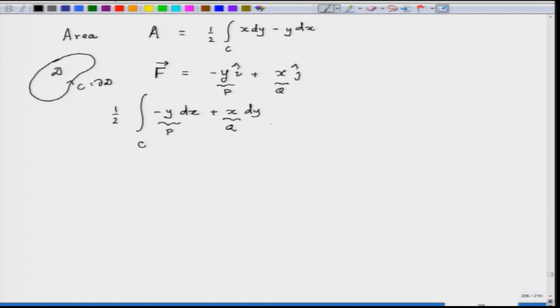So this is F dot ds, and then I will integrate by Green's theorem over the domain D, which gives me del Q del x minus del P del y. What is del Q del x here? It is 1.